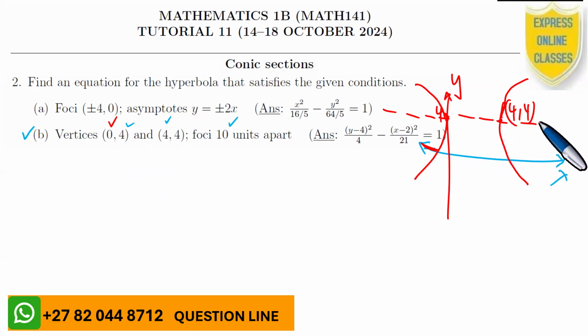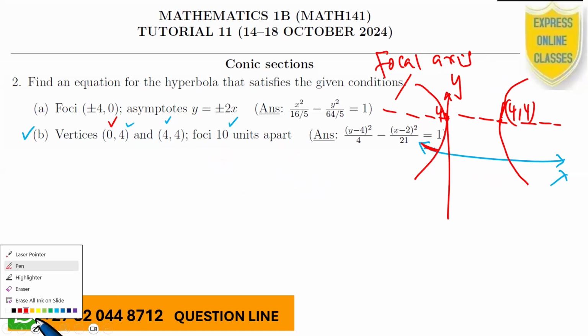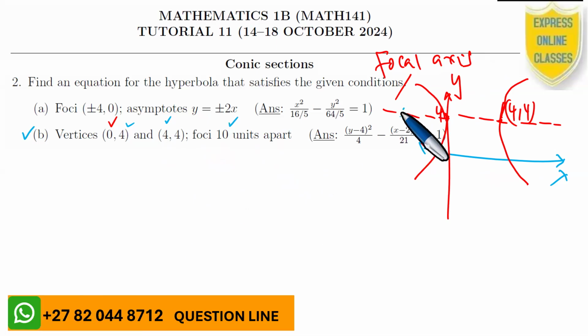This means the focal axis is going to be parallel to the x-axis. So this is going to be our focal axis at 4, 4. But you see, the foci are 10 units apart. So we're just having a picture of these.